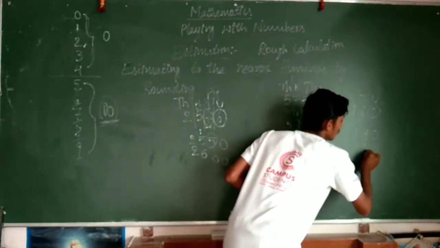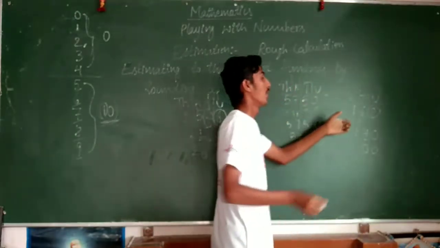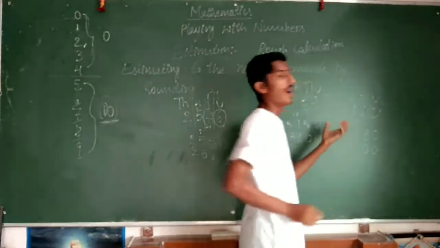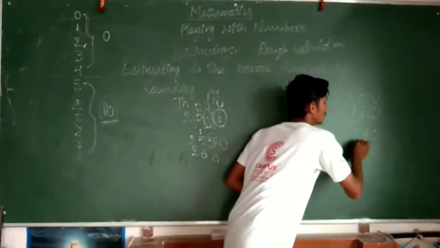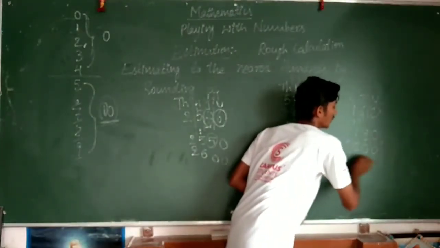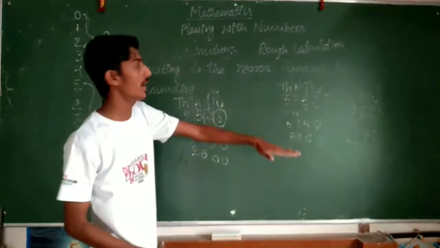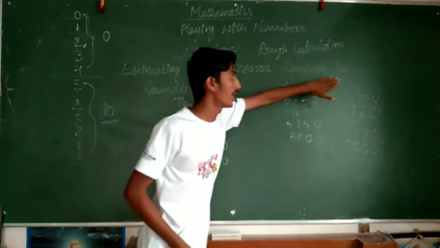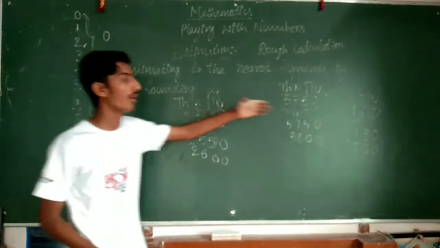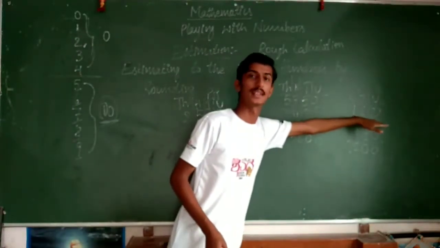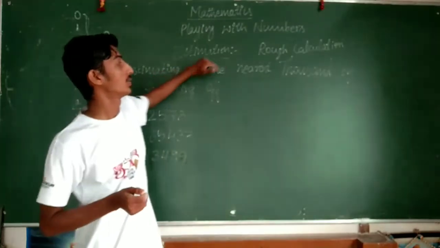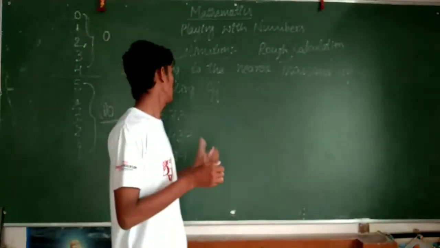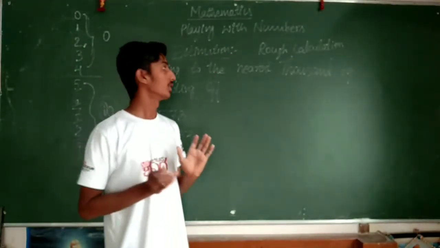In 10 place also we have put a 0 and 1 is added to the 100 place. 1 plus 1 is equal to 2. 200 is the nearest hundreds by the rounding off of 168.